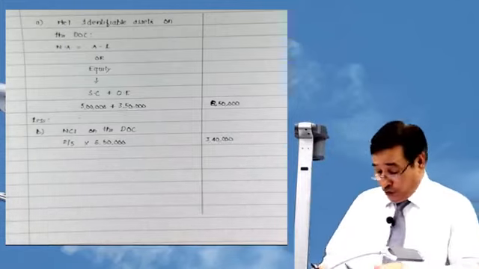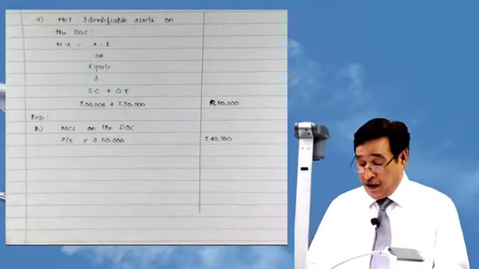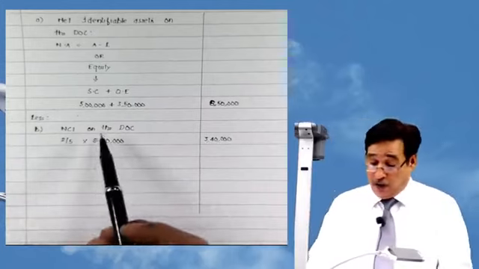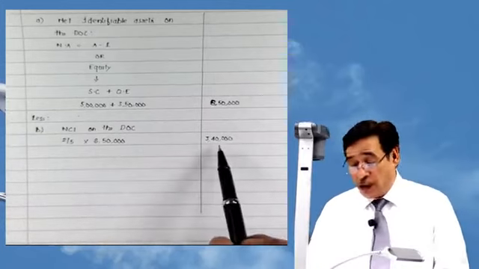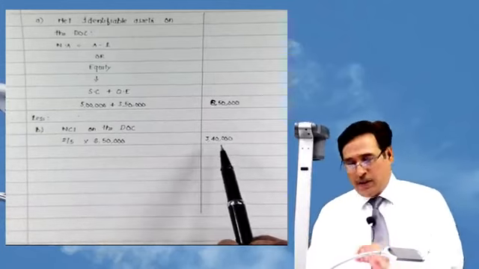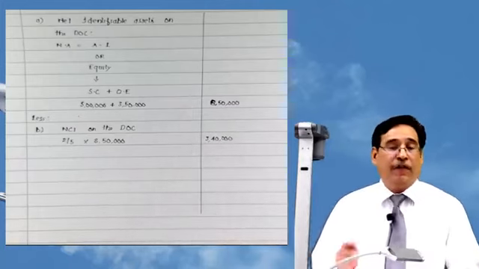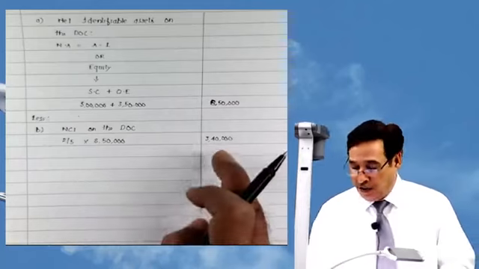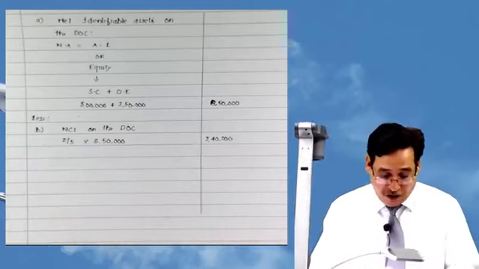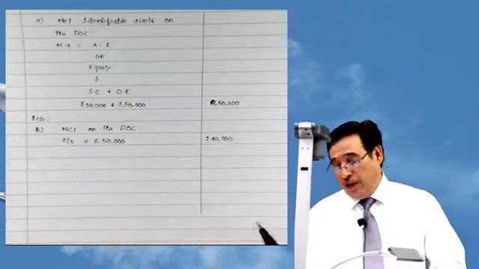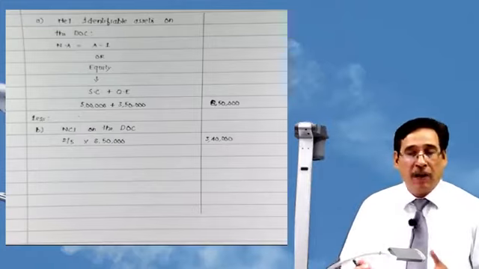Anyway, non-controlling interest on the date of control was 3,40,000. So what does it suggest? Out of 8,50,000, 3,40,000 worth of net assets belongs to non-controlling interest. If I subtract 3,40,000 from 8,50,000, I will be left with 5,10,000.